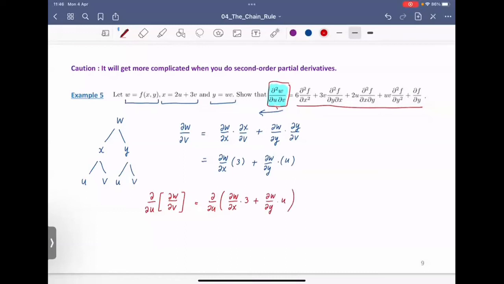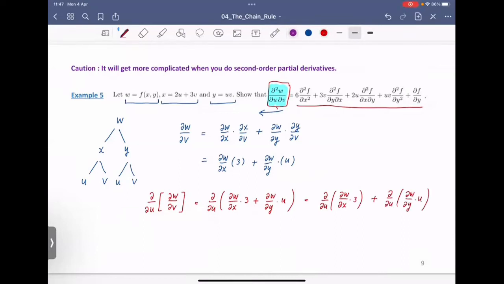Because you are differentiating with respect to u, and this is a sum, break it up. So it's going to be two terms: differentiate with respect to u of the first one, ∂w/∂x times 3, and then plus differentiate with respect to u of ∂w/∂y times u.